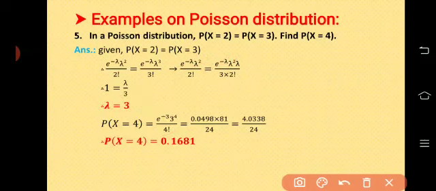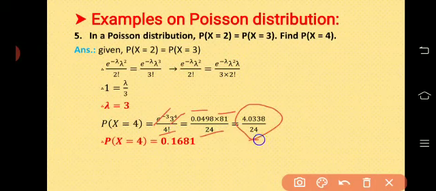Now e raised to minus 3 value you will get, 0.0498, from the statistical table, the Poisson distribution table, into 3 raised to 4, which is nothing but 81, divided by 4 factorial, that is 4 into 3 into 2 into 1, that is 24. Simplify further, you will get 4.0338 divided by 24, and if you simplify this, then you will get probability of x equal to 4 is equal to 0.1681.